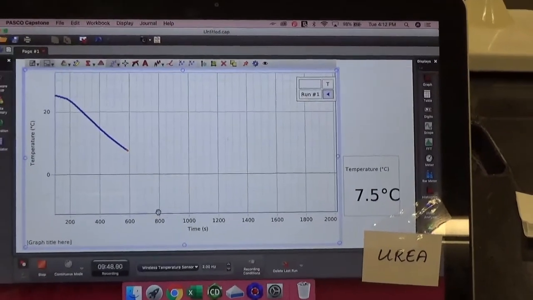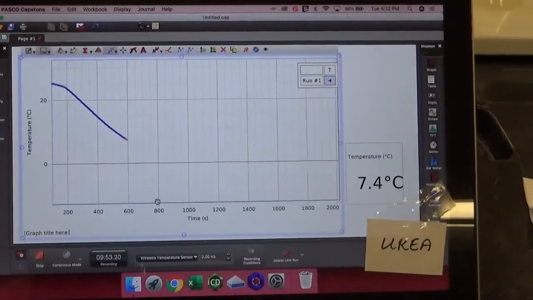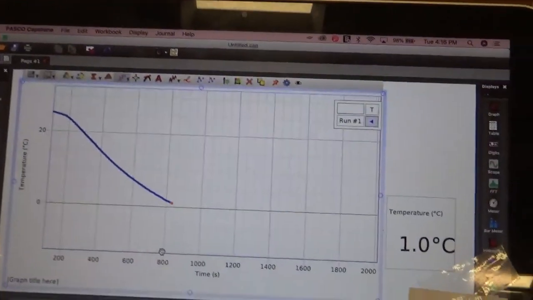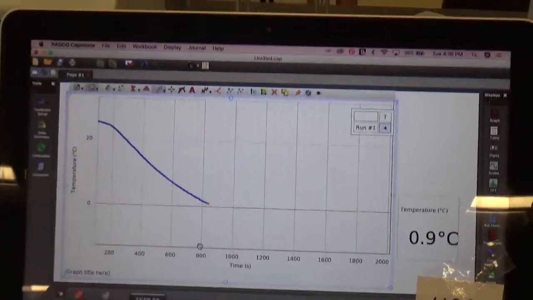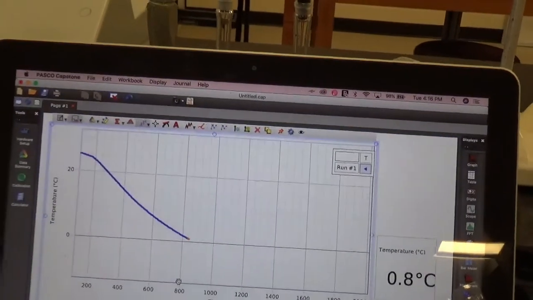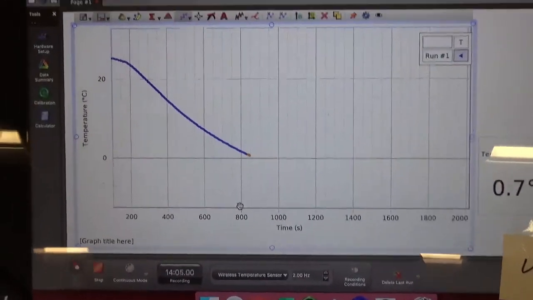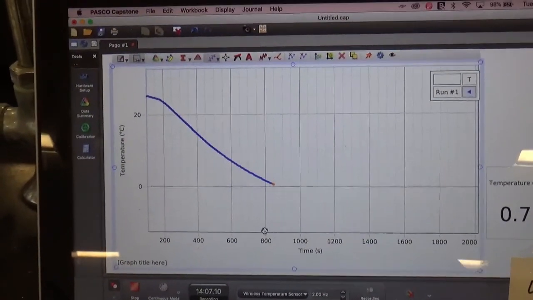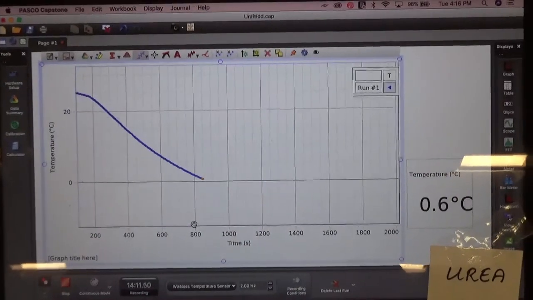The temperature is now 7.5 degrees. It's still dropping. In the urea experiment, the temperature is now 0.8. It's not below zero yet.